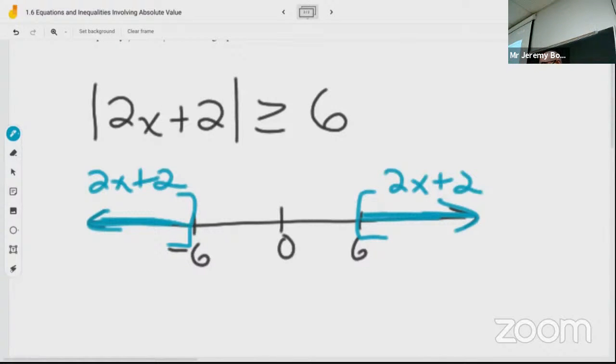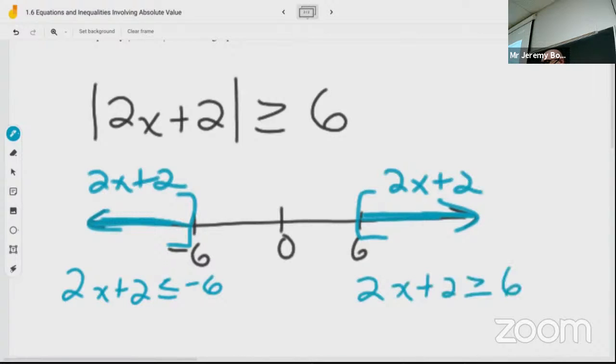So we know this one's going to be 2x plus 2 is less than or equal to negative 6, or 2x plus 2 is greater than or equal to 6. And then we just solve those.